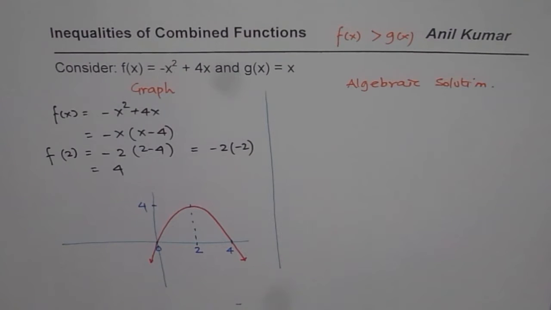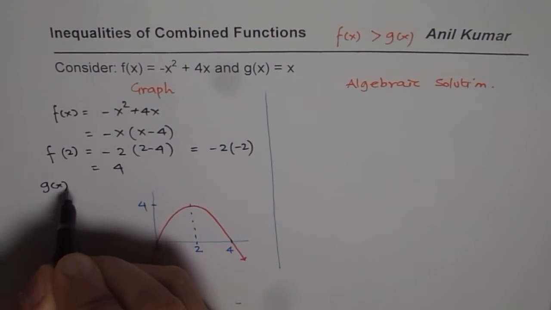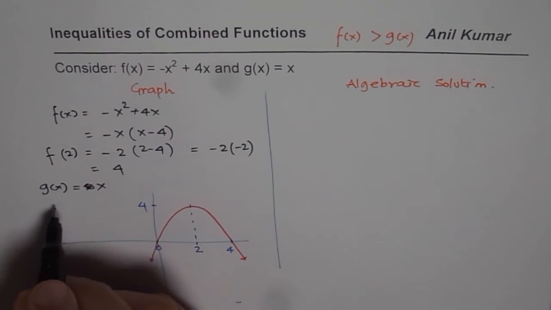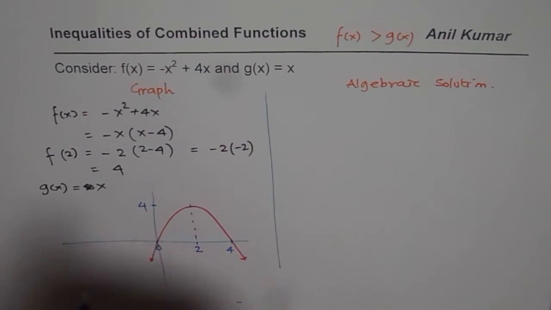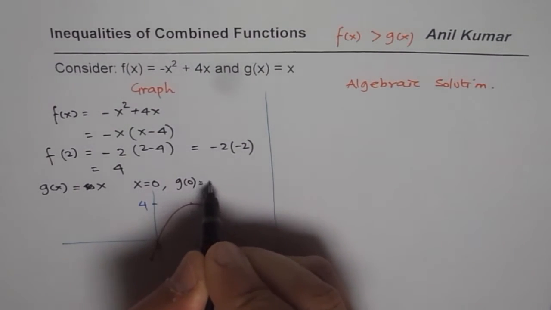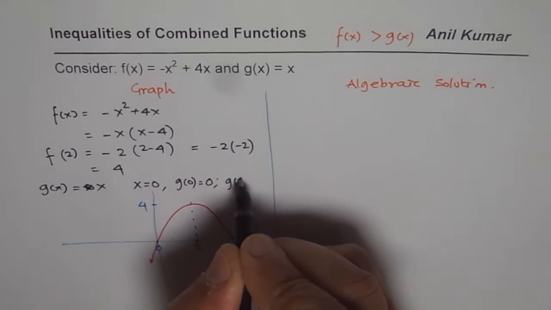The second one is g of x equals x. Now let's try to sketch the second function. It's a straight line. We can take 2 points. If x equals 0, then g of 0 is going to be 0, and let us say x equals 2, g of 2 is going to be 2.